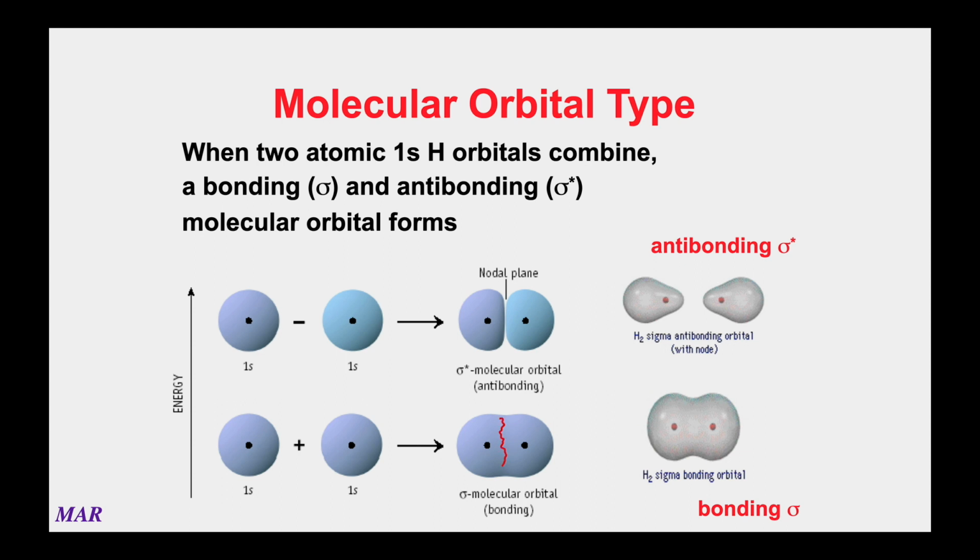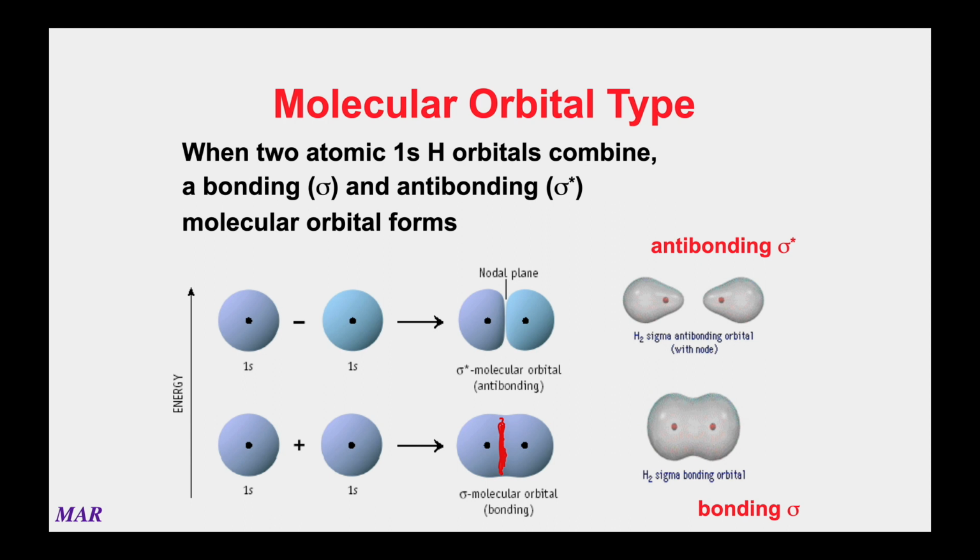And in the lower picture right here, this part I'm highlighting, this is the orbital overlap. You're actually making a bond between the two atomic orbitals. And because the two atomic orbitals are smashing into each other, this is a sigma bond, all right? And in molecular orbital theory, we call this a bonding molecular orbital.